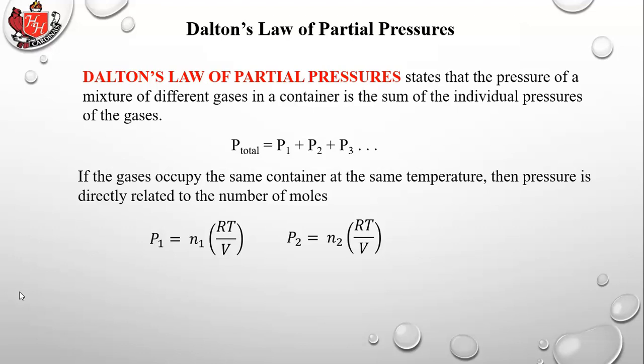So P2 would be the number of moles of gas number 2 times those same things. Again, R, T, and V are constant, so they stay the same. So the only thing that's variable is the number of moles of each of these gases. So P3, same thing. The number of moles of 3 times RT. So mathematically, you can factor out the RT.